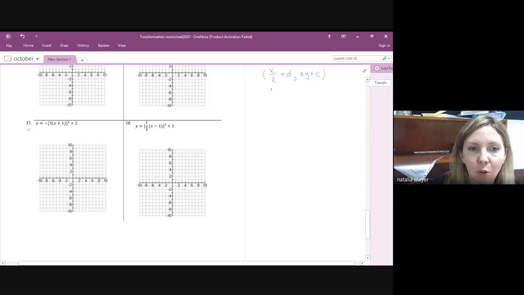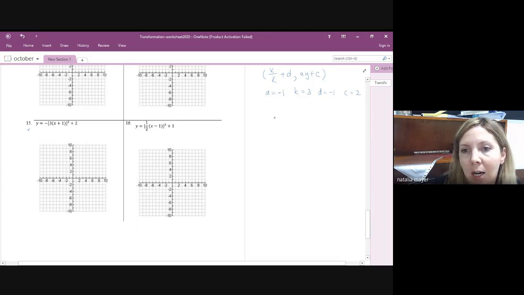So let me state all the values. A is negative 1, we're working with number 15. A is negative 1. K is 3. D is negative 1. And C is 2. Okay?